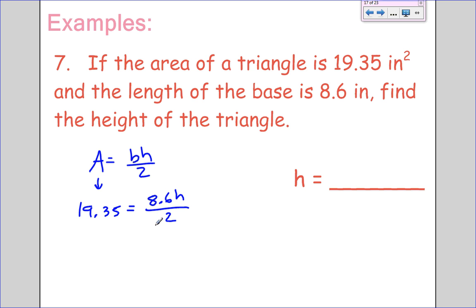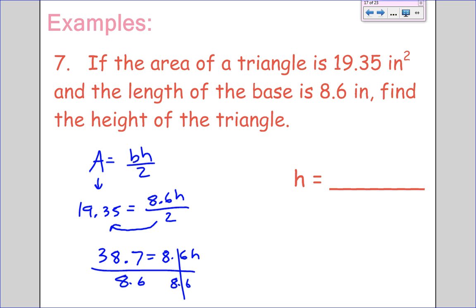So to get rid of a 2 at the bottom, you just multiply the other side by 2. 38.7 equals 8.6h. Now, of course, you just divide both sides by 8.6 to get h by itself. 38.7 divided by 8.6 tells me what the height is: 4.5 inches. So whenever you have a word problem, start by writing the formula and then plugging in the numbers for each letter.